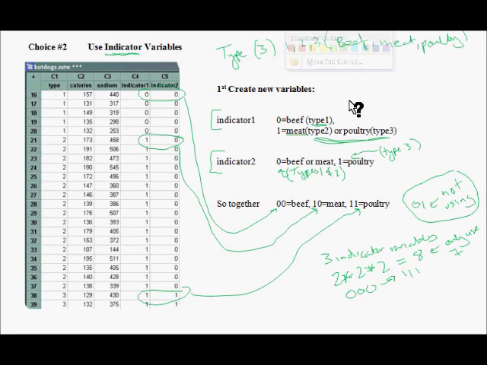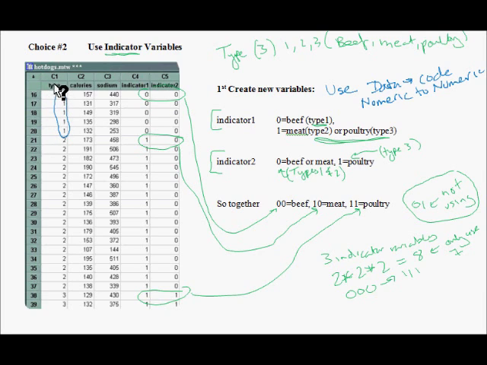So we used data code, and here we did numeric to numeric because our original values, these values here, were numbers too. If under C1 I had beef, meat, and poultry, I would have done text to numeric rather than numeric to numeric. Okay, so that is the first indicator variable.